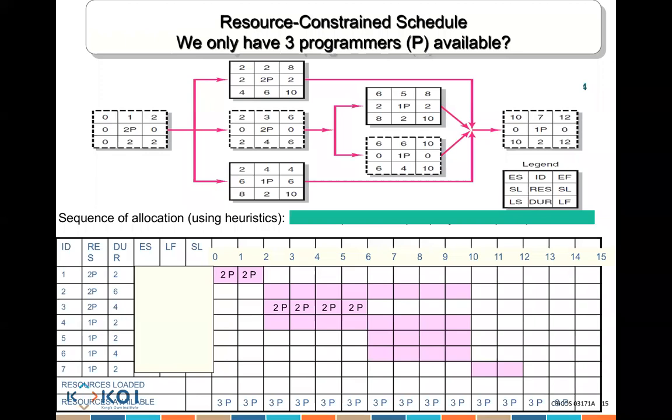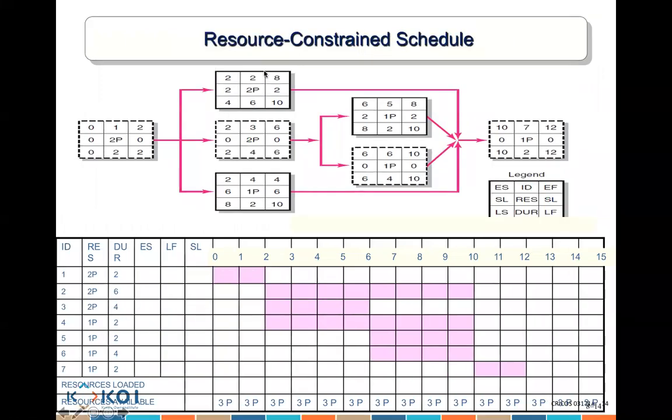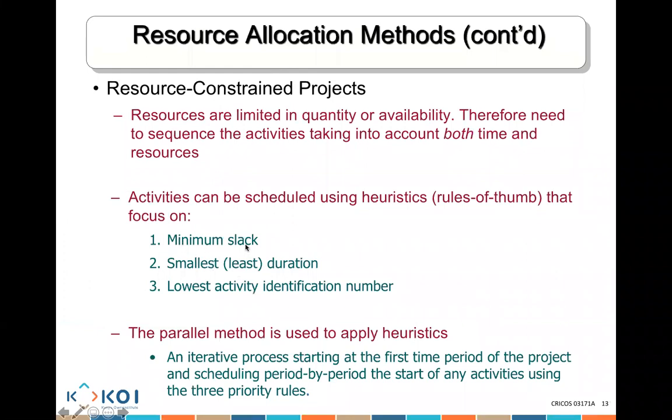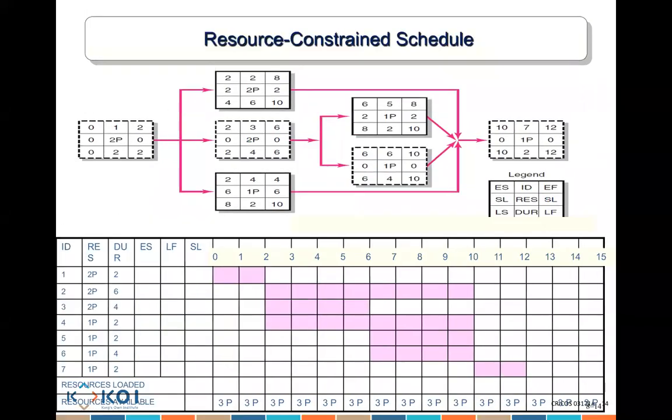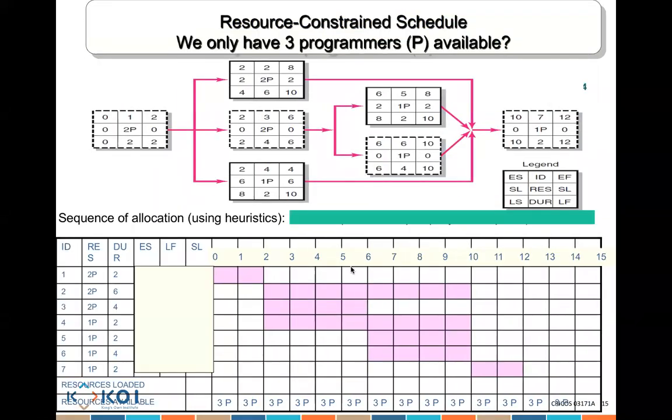That's fine. You're trying to use this rule: minimum slack, then smallest duration when we don't have slack, and lowest identification number. So you told me we're going to use activity 2 because it has minimum slack.